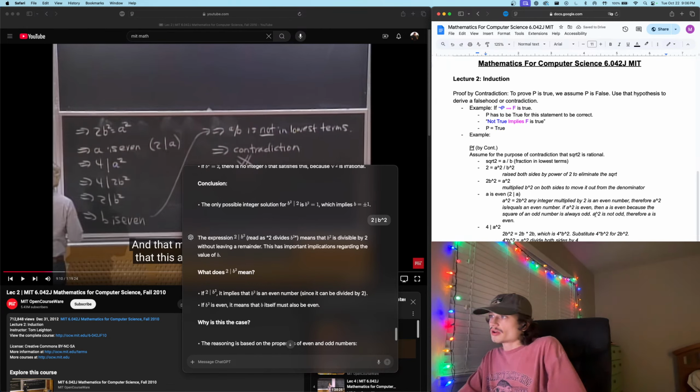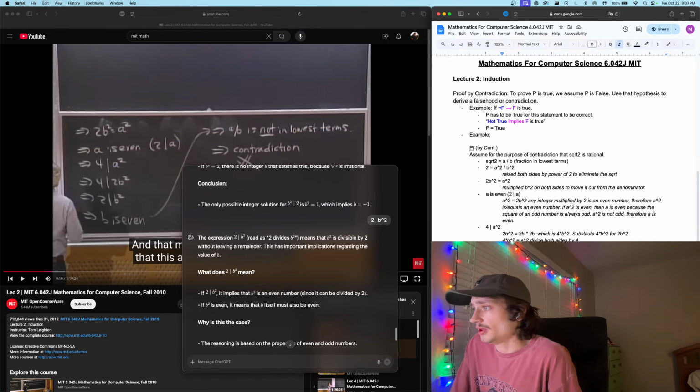So if a squared is not odd, a has to be even, because if a was to be an odd number, then a squared would be odd as well, right?